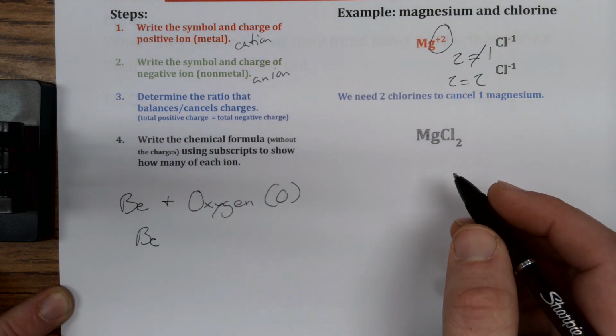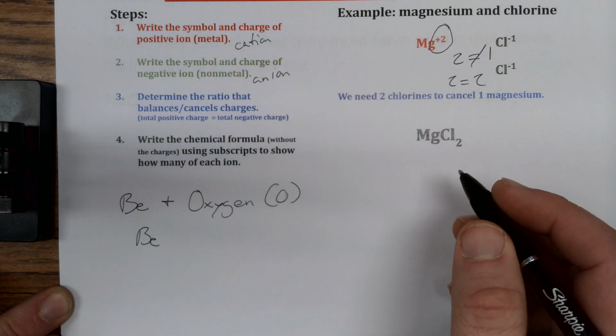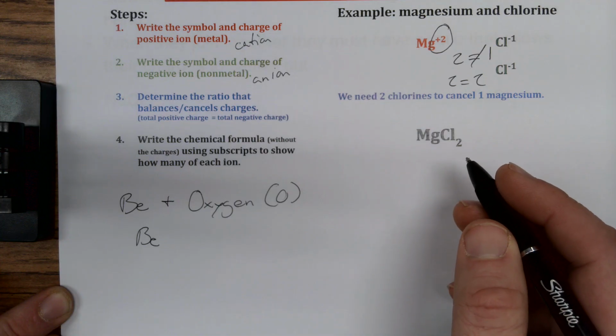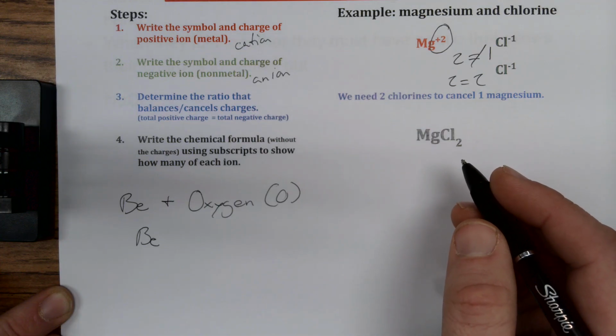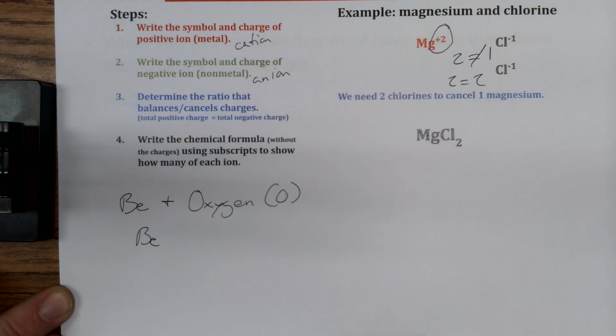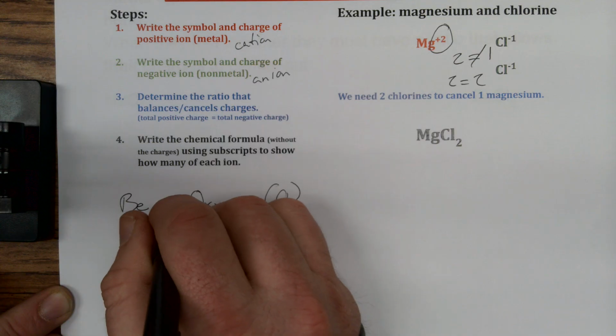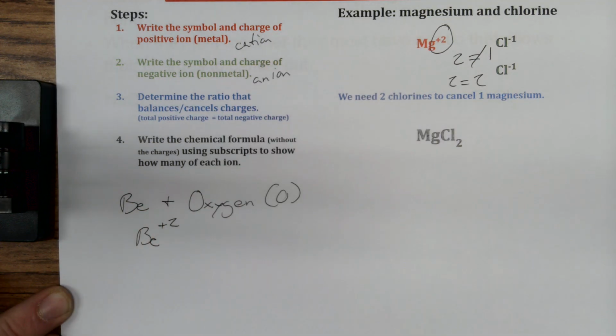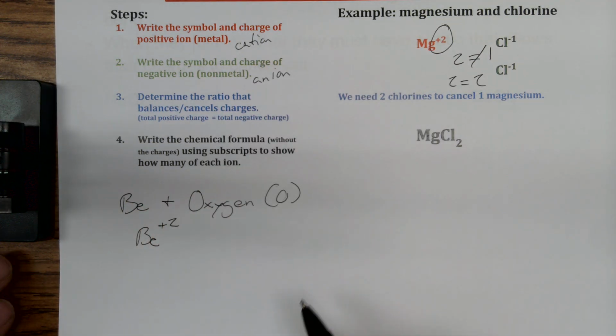What's the charge on Be, the ion? 4 is the atomic number, but what ion is beryllium going to form? It's going to be a +1, a +2, a +3, or a +4? It'll be a +2. Why? It's in group 2, so therefore it's going to have a +2.